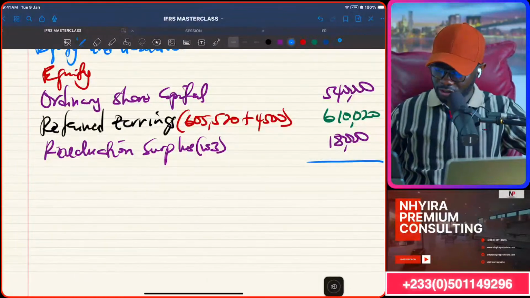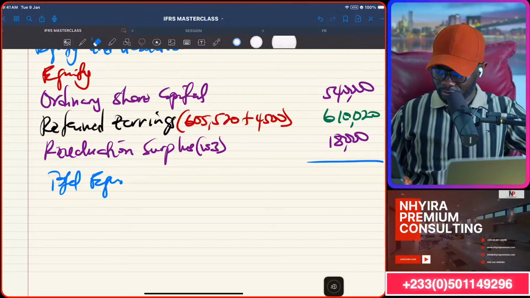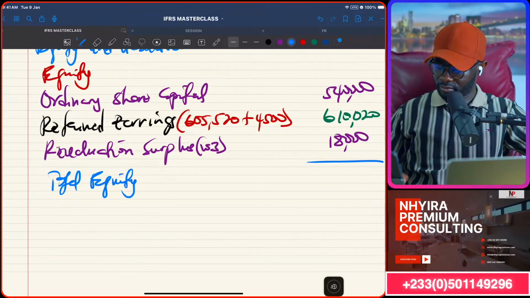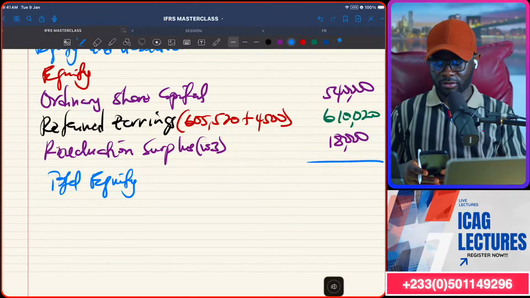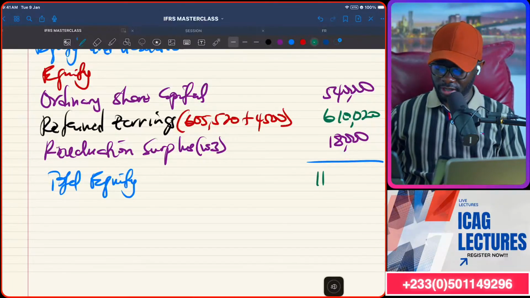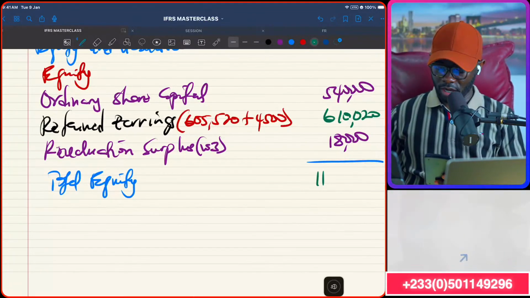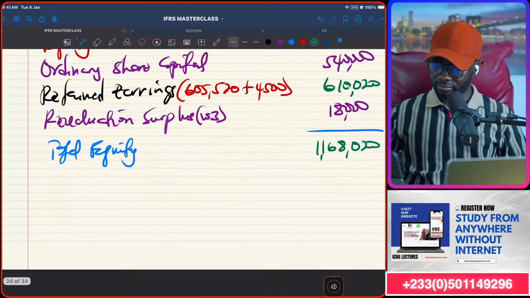So we can get total equity here. So plus 540,000 plus 18,000. So total equity is 1,668,020.